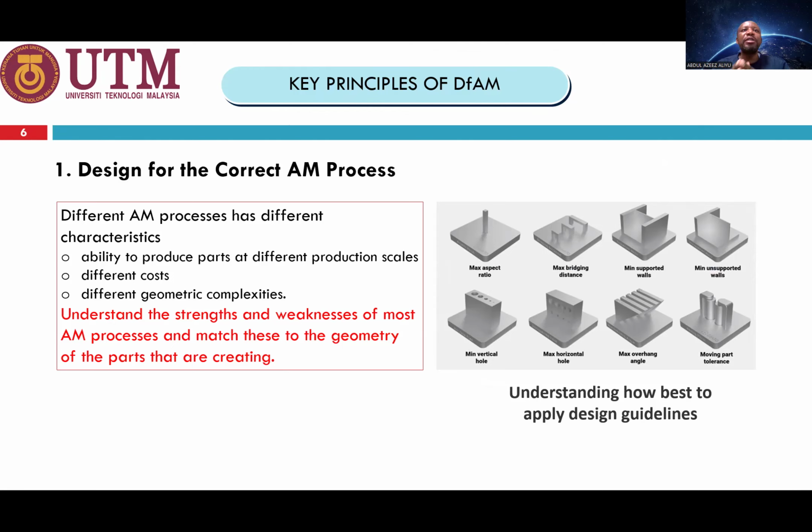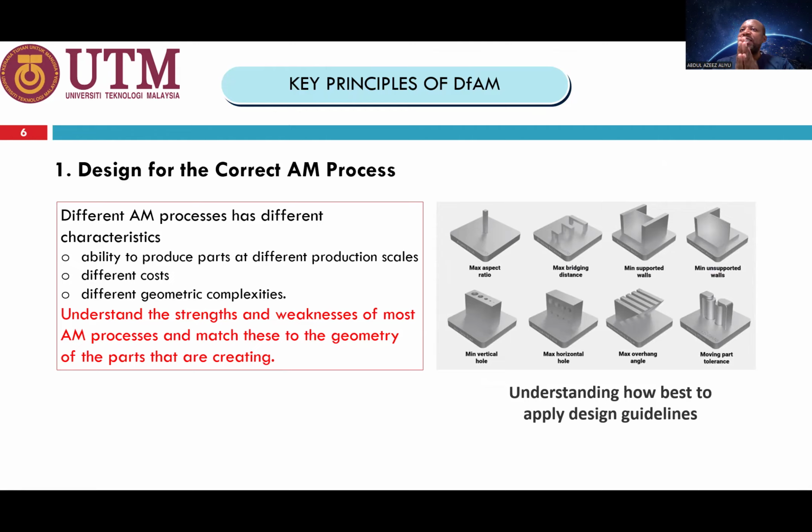The first principle is to design for the correct additive manufacturing process. You can see in the previous slides, I highlighted some classification of additive manufacturing processes. And each of these processes has its own capability, has its own characteristics.